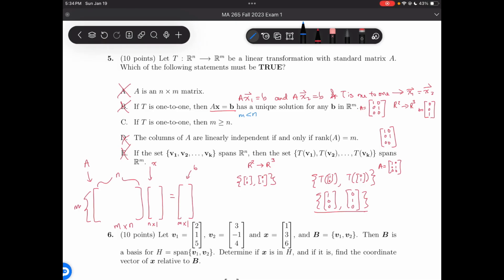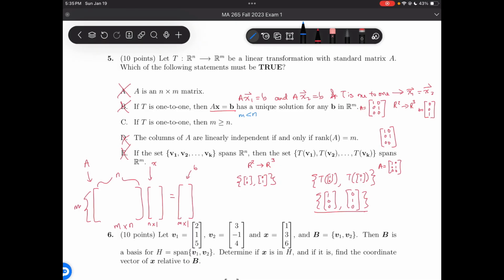We can show that when m is less than n, it is impossible for T to be 1 to 1. That's essentially equivalent to saying that if T is 1 to 1, then m has to be greater than or equal to n. So one way to understand why T can't be 1 to 1 when m is less than n is, intuitively speaking, we're going from a larger dimension to a smaller dimension.